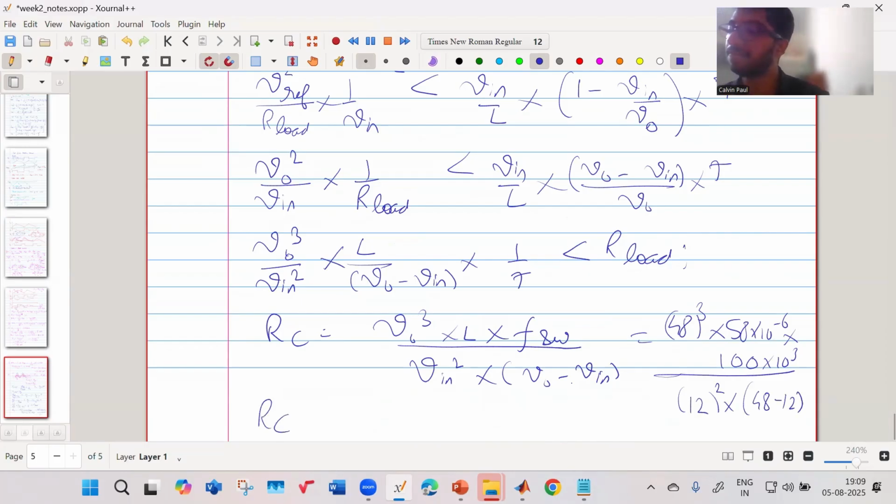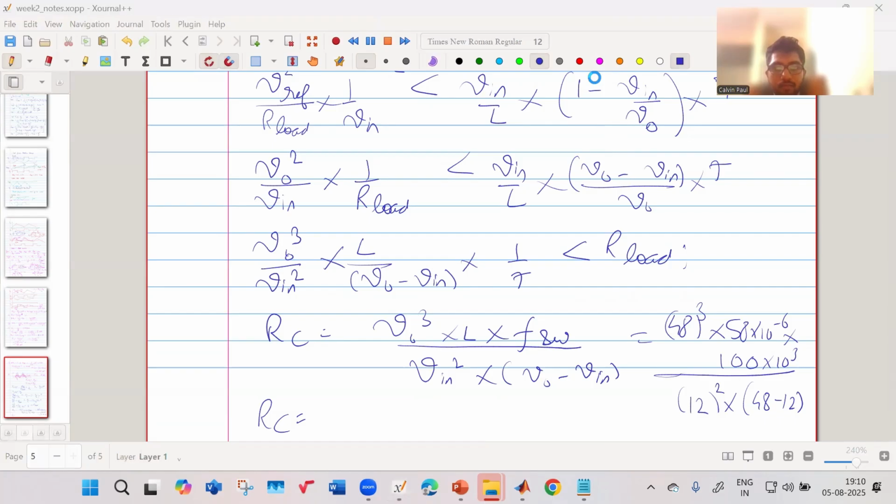So how much is this RC? Yes, it is 123.73 ohm. Correct. Your RC is 123.73 ohm.